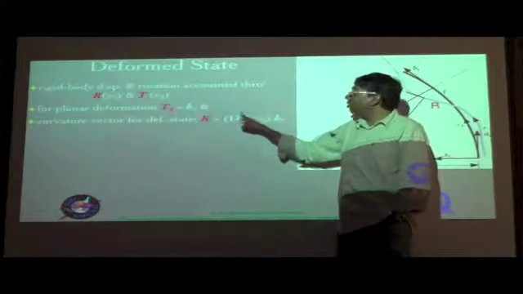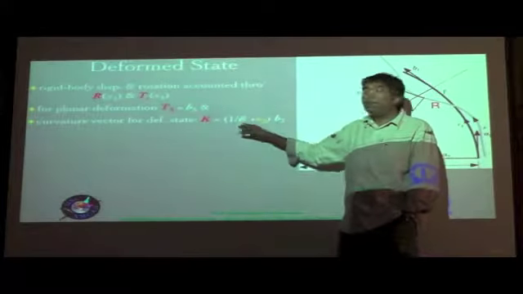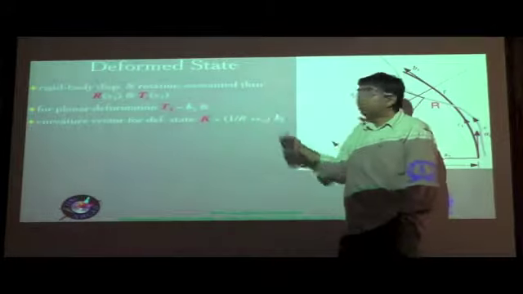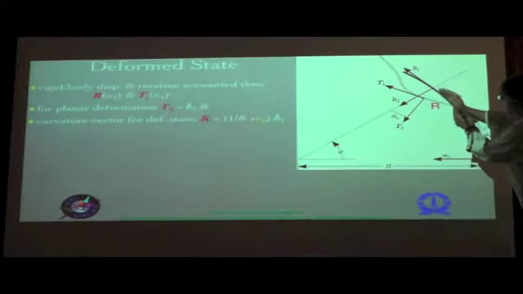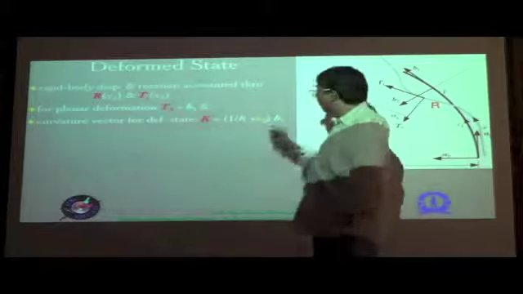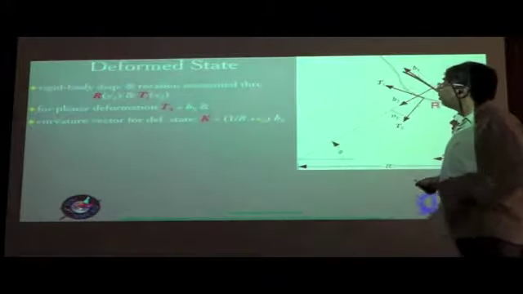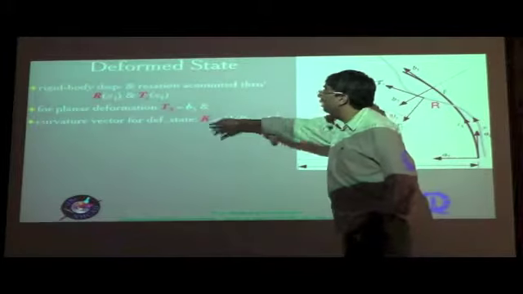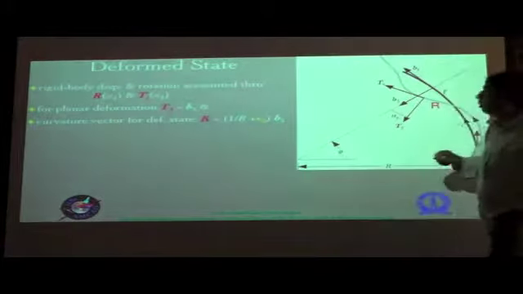Already you had an initial curvature of 1 by R. Now we are adding additional curvature there, which is because of the elastic bending of this curve, and that additional curvature is indicated by the yellow colored kappa 3 bar over here. So 1 by R plus kappa 3 bar is your K3 measure that you're talking about.